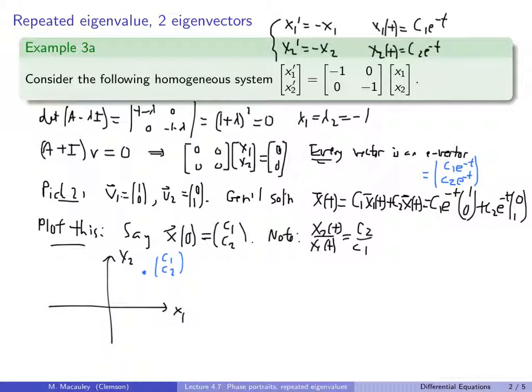So this curve at any point in time lies on the line of slope c2 over c1. So that means that for any point in time, x2 over x1, the rise over run, is on this line going through the origin. So if we start here, we're going to end up on this line.